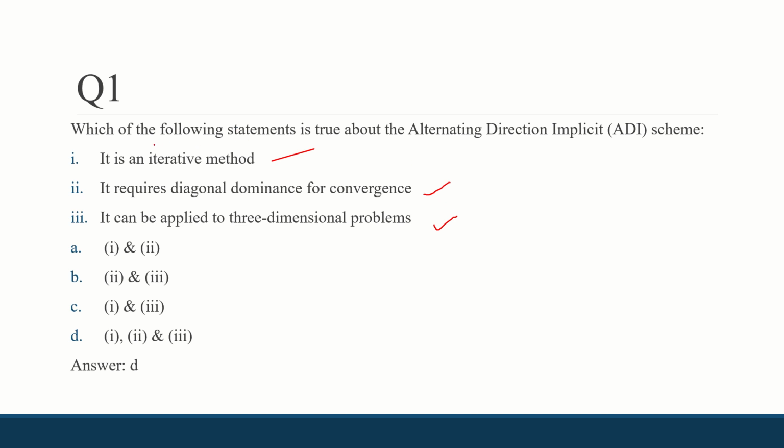Since it involves iteration, it is an iterative method, and diagonal dominance is required for convergence because without that we could not form the required matrix conditions, and it can be applied to three-dimensional problems. This is also true.